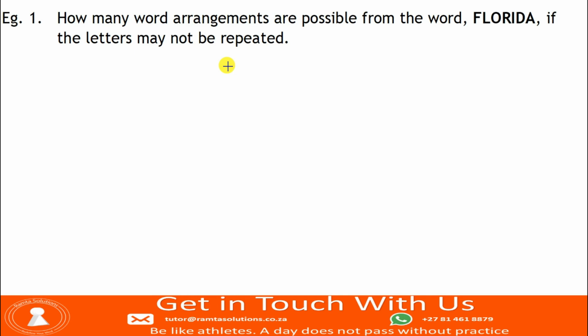You have seen Florida before. Now the question says, how many word arrangements are possible from the word Florida if the letters may not be repeated? In the previous video, I said Florida is made up of 7 letters. When you recall, I said it was 7 places.